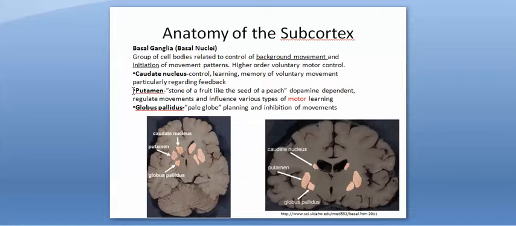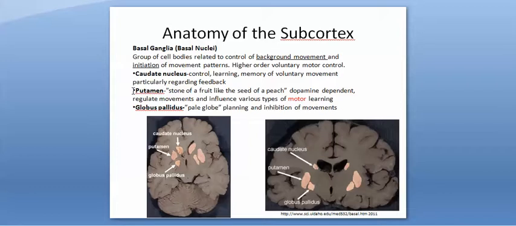If you think back to the anatomy of the brainstem, you'll remember that there's a structure in there, and its name is escaping me. Oh my goodness. Substantia nigra, and it forms dopamine.